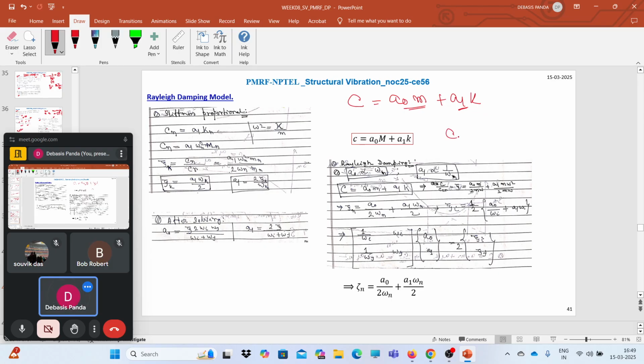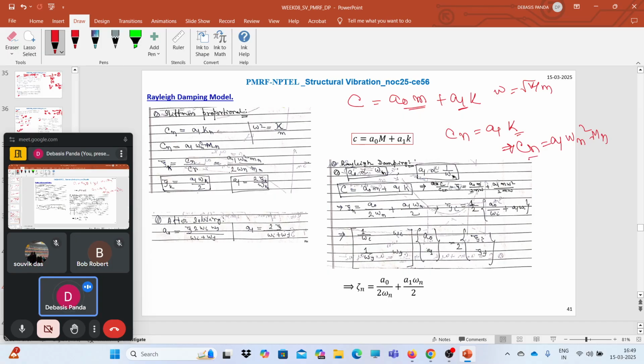So Cn, this part, defines the stiffness dependency: Cn is equal to a1 K. Again we know omega is equal to the square root of K by M. So we can simplify it further: Cn is equal to a1 omega n square Mn, right?